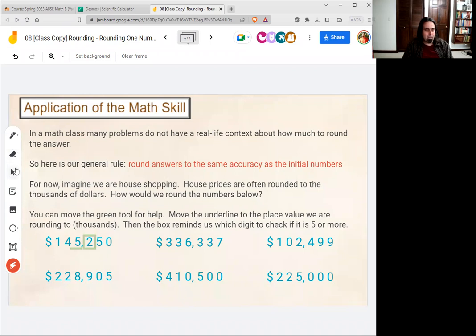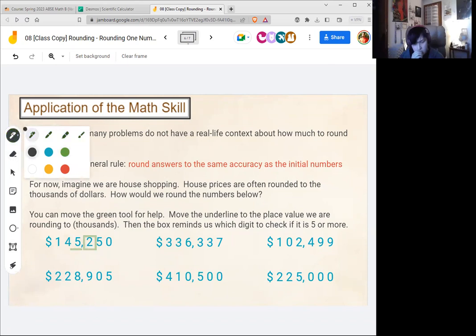So we have a movable green thing, and we're going to look at each number. Somebody grab it after this first one and move it. If we're rounding to the nearest thousand, 145,200, is it going to go up because of the 2 or stay the same? Stay the same.